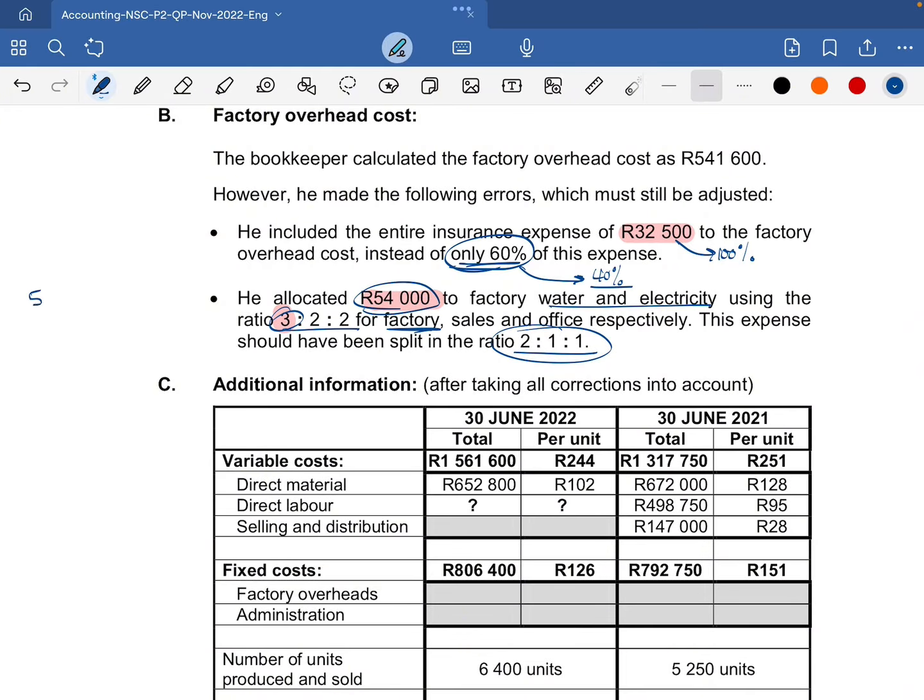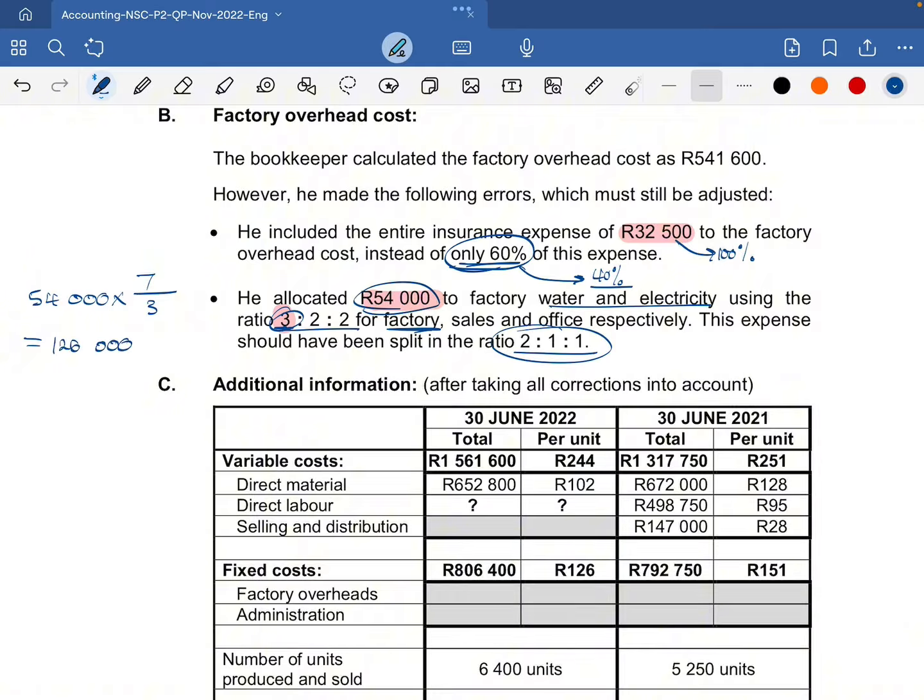So 54,000 multiplied by what we want. We want 7 because this is 3 plus 2 plus 2. We know that what was allocated to the factory for water and electricity was 3 of that ratio. So it's 54,000 multiplied by 7 over 3, which is 126,000.